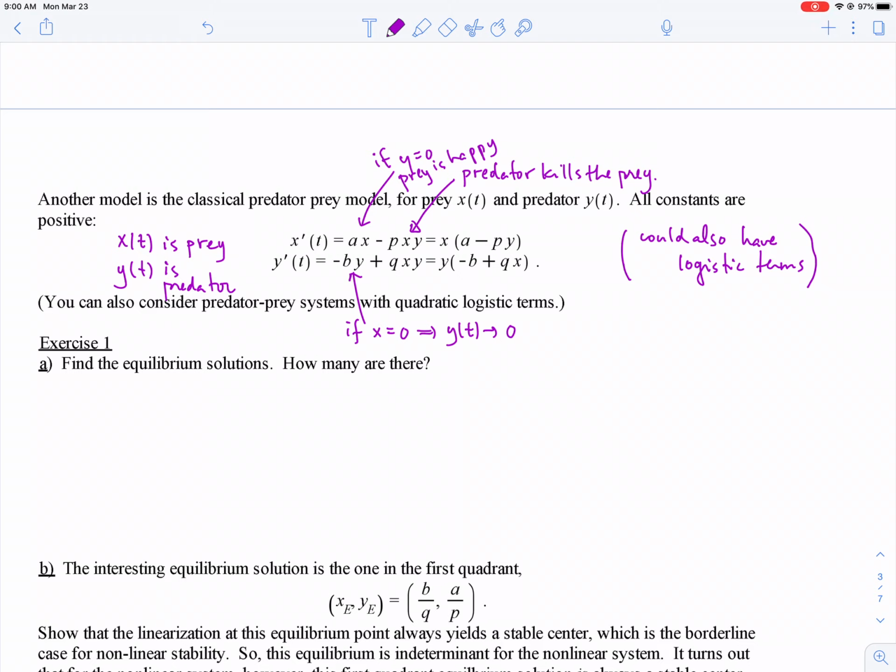And then this term is because the predator eats the prey. So how fast they reproduce is going to be proportional to how many prey there are and their chances of running across the prey.